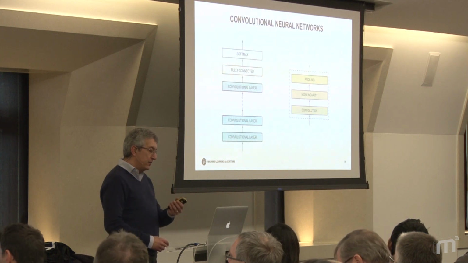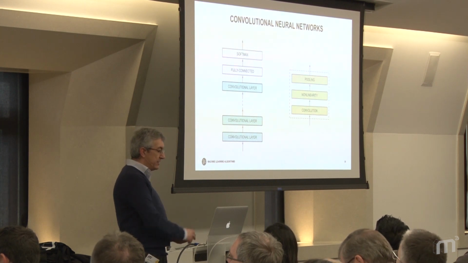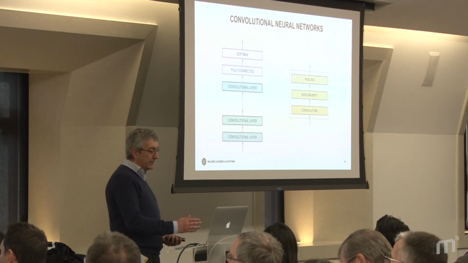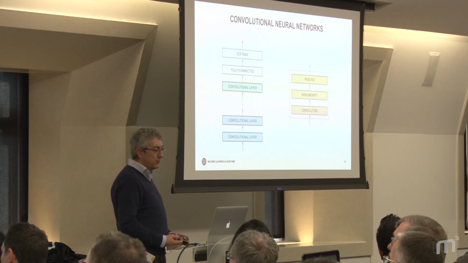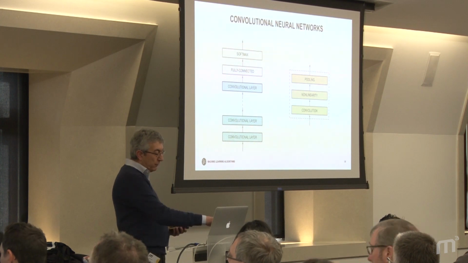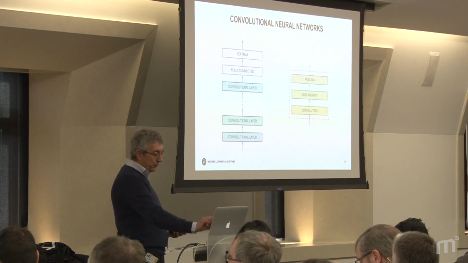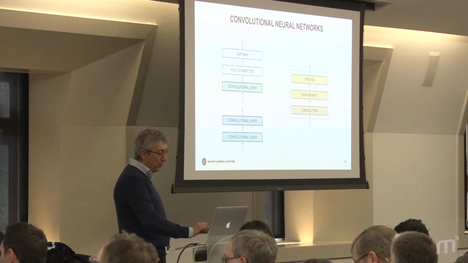Then the convolutional networks inherit all the advantages of the deep architecture that we have just described. On top of it, there is the convolution, which is the strength of this architecture in terms of image processing. Each convolutional layer again has a convolution operation followed by nonlinearity, followed by pooling.